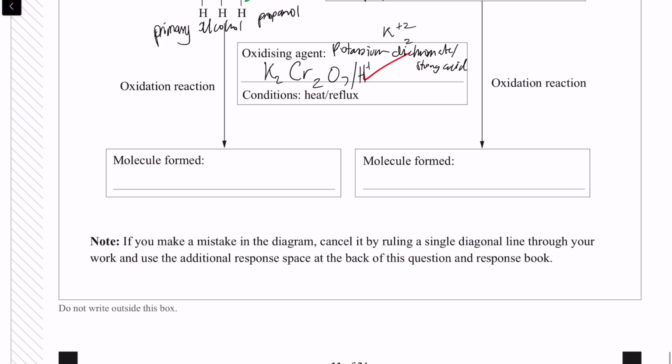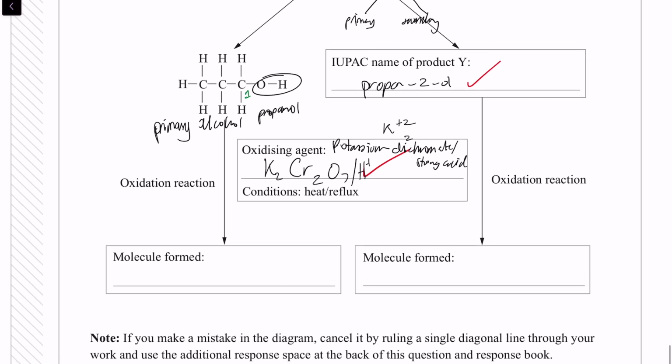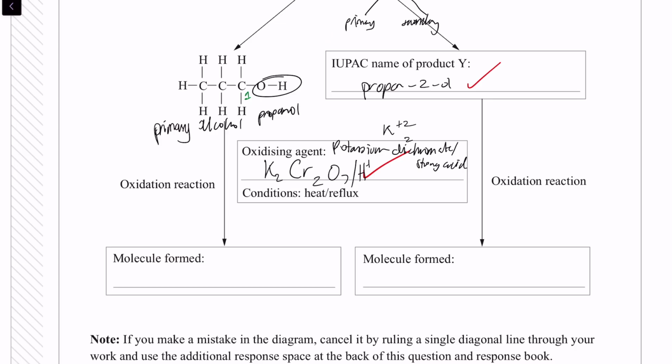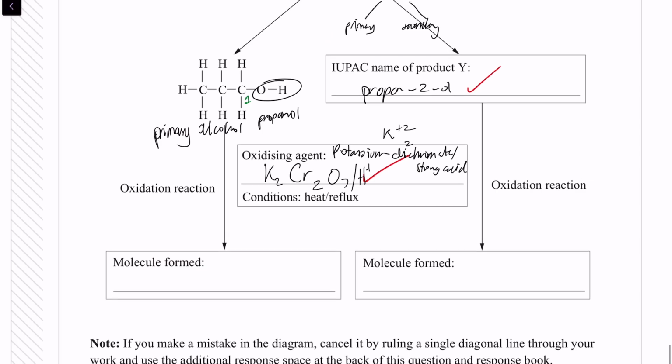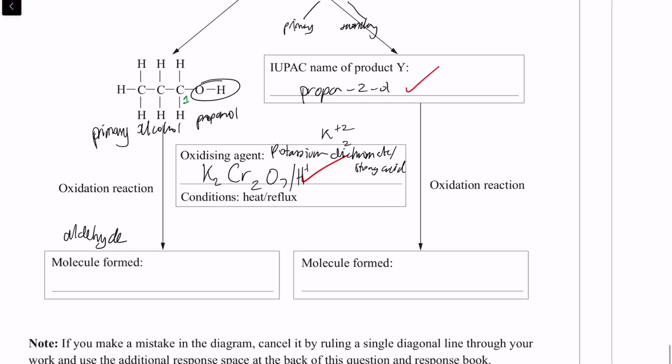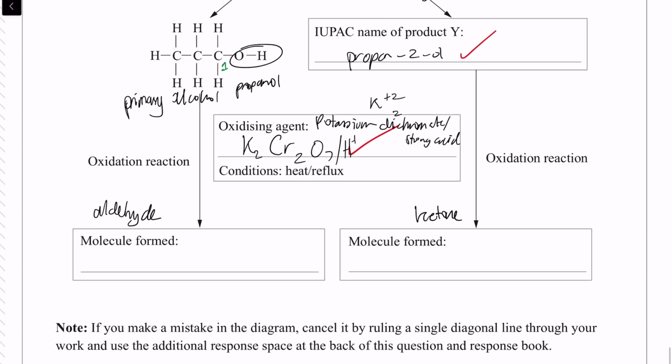So you need to get both of them right to get that. So remember, if we're oxidizing a primary alcohol, we get an aldehyde, so I might just write that there, just so I don't forget. And then oxidizing a secondary alcohol gives me a ketone. It makes sense because in an aldehyde, the double bond to O is on the first carbon or the end of the chain, and then ketones are in the middle of the chain.